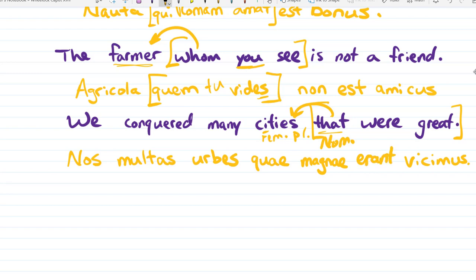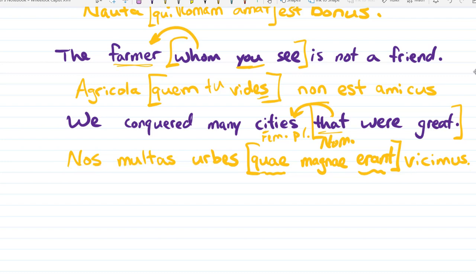Quae magni erant, or quae erant magni, again, going to your verb, and that's where it brackets off. From your relative pronoun to your verb, and that brackets it off. So there's no confusion then that this vicimus, we conquered, is actually part of your main sentence here, which goes from nos and then vicimus.